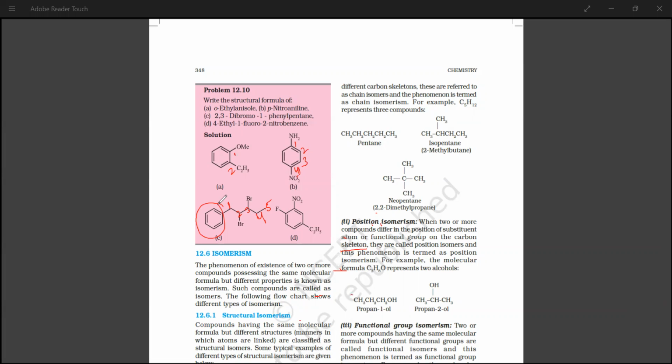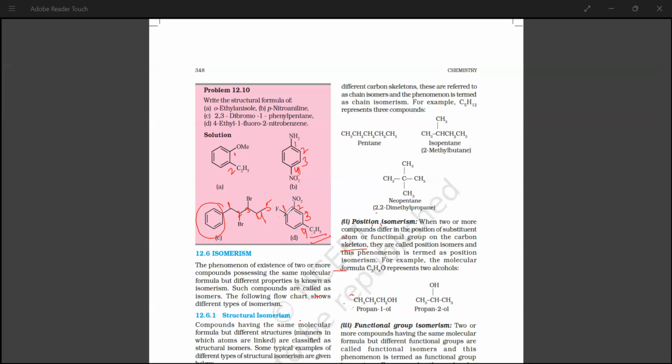Now see here, 1, 2, 3, and this is fourth. On fourth, that is para, ethyl is there, and on second, nitro is there, and on first, fluoro is there.